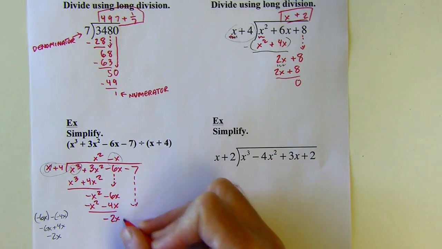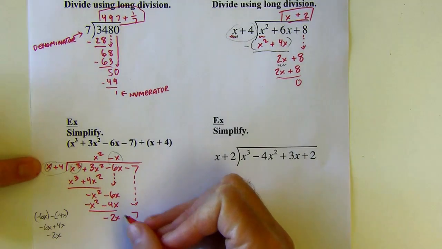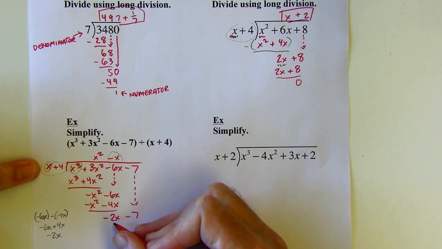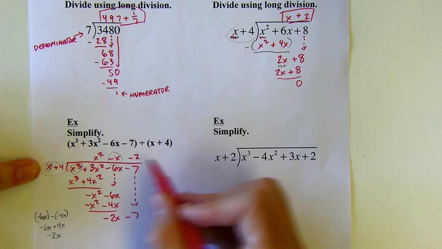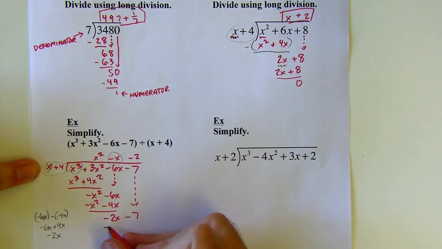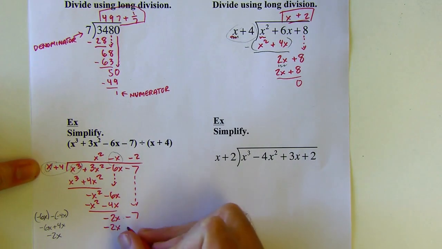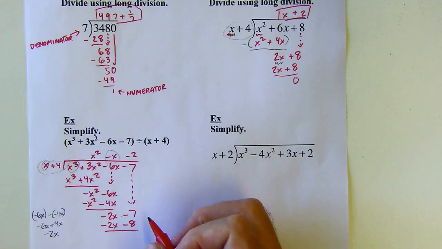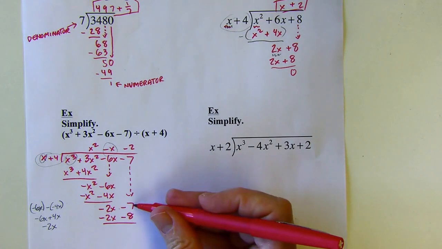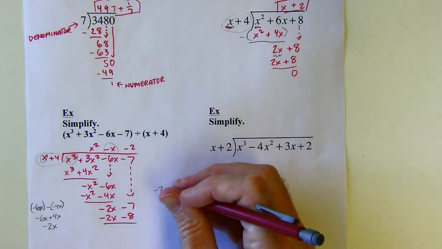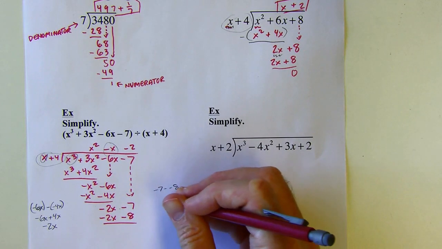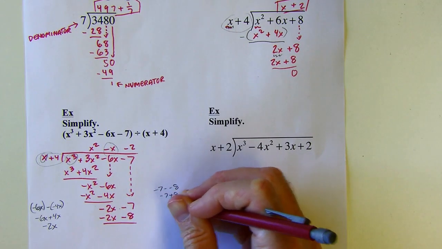Okay, pull down the negative 7, and then x times something equals negative 2x, that would be negative 2. Okay, and multiply back, negative 2 times the binomial gives me negative 2x minus 8. Subtract once more, and again, not negative 15, it's negative 7 minus negative 8. Negative 7 minus negative 8, well, that would be negative 7 plus 8, which is 1.